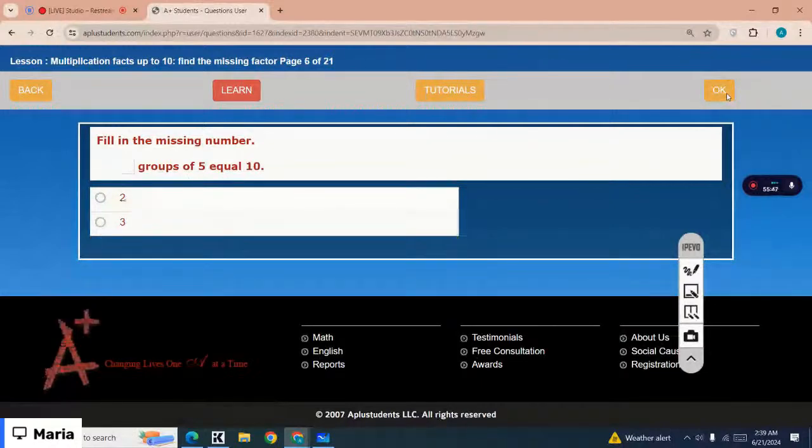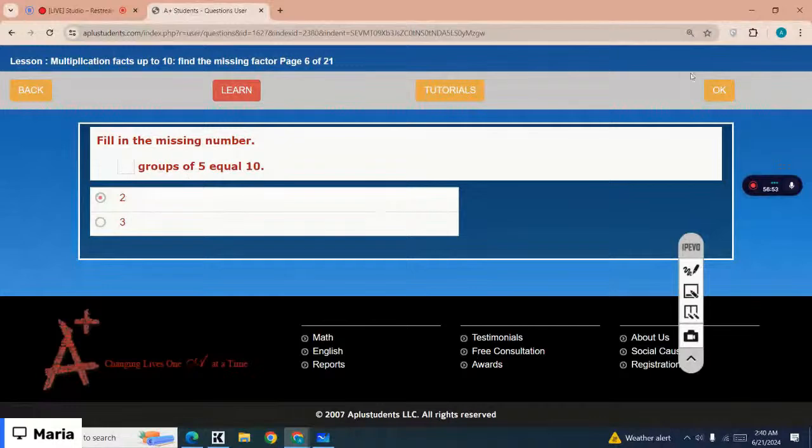How many groups of 5 equal 10? Which is the correct option? Yes, 2 groups of 5 equals 10.